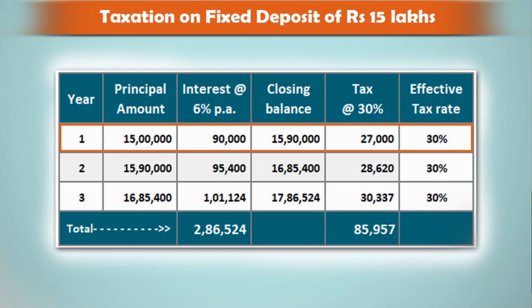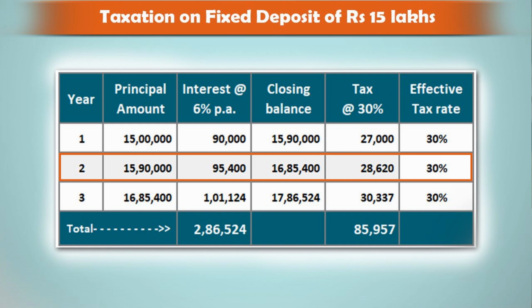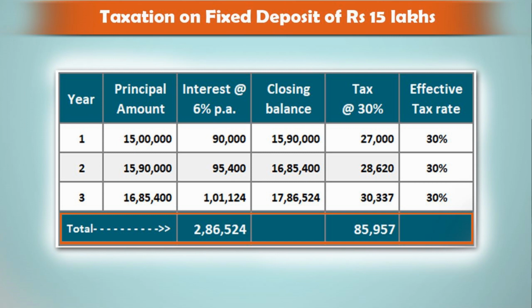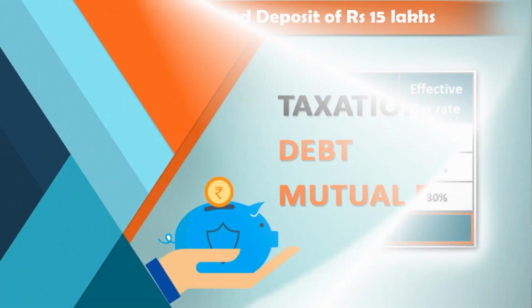Similarly, in the second year, tax will be charged on interest at the rate of 6% on rupees 15.90 lakhs, which is 95,400, and tax would be 28,620. And in the third year, tax will be 30,337. In the end, for the income of rupees 2,86,524, tax would be paid of rupees 85,957.